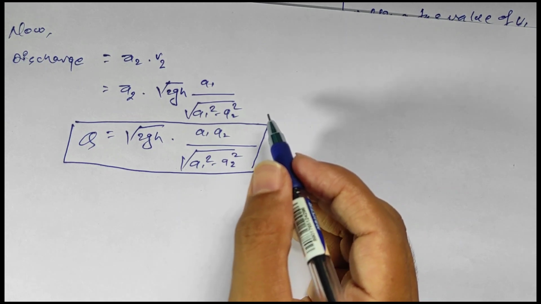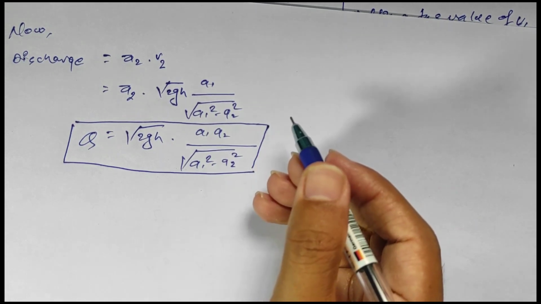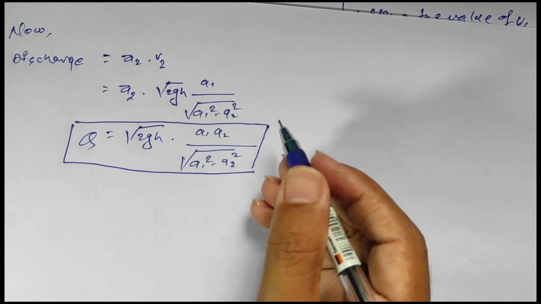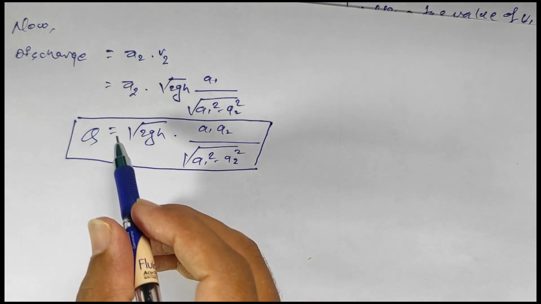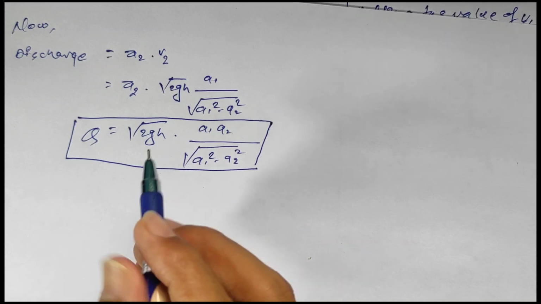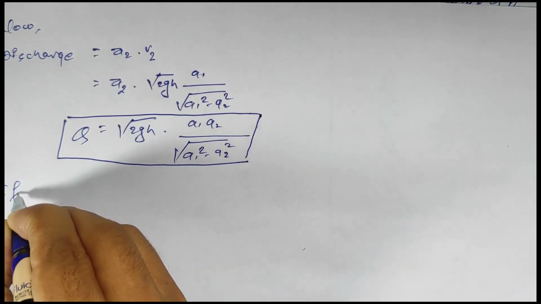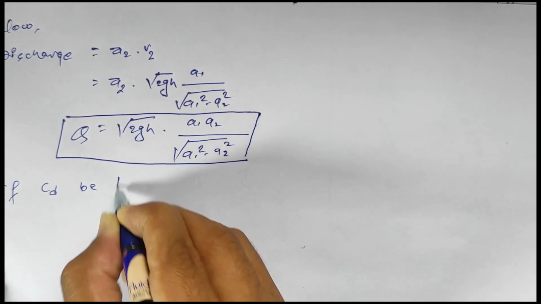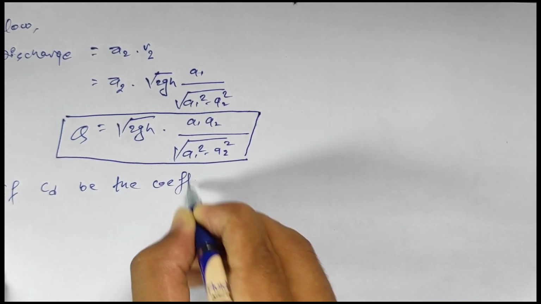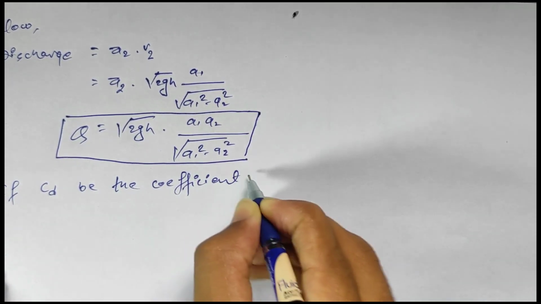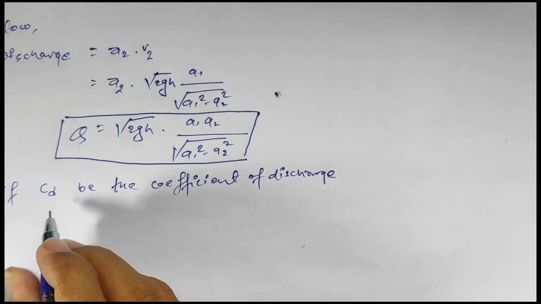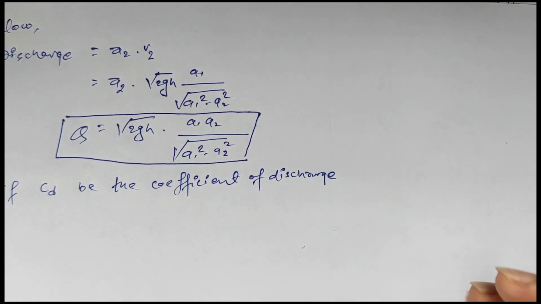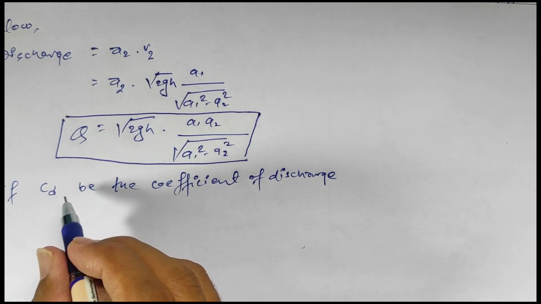This is the derived equation, that means this is the theoretical equation. If we calculate the actual discharge in the pipe, we should multiply this expression with the coefficient of discharge, Cd. Cd means the ratio of actual discharge and theoretical discharge.